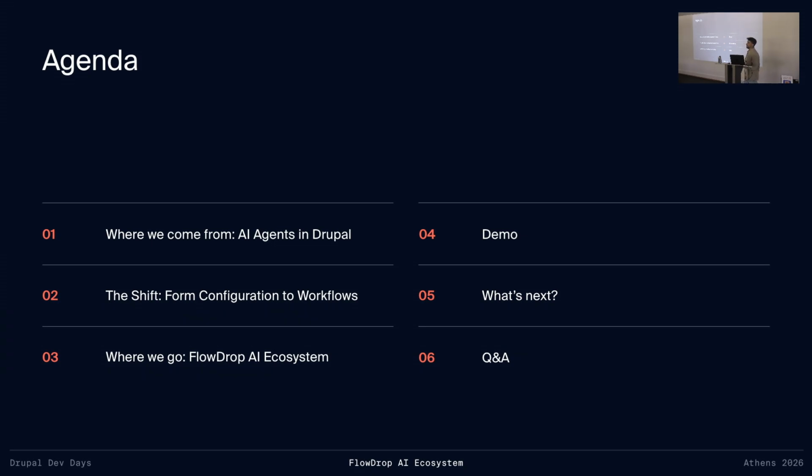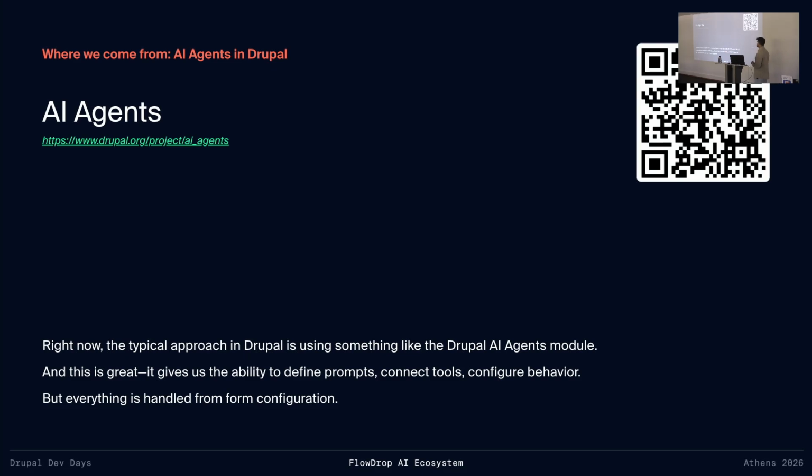Then we will have a demo where I will showcase how we are improving this, from form configuration into workflows. Then we will check what is next, what we are working on in Drupal AI, for example, and Flowdrop. And then we will finish with a Q&A session where I will be more than happy to answer any question.